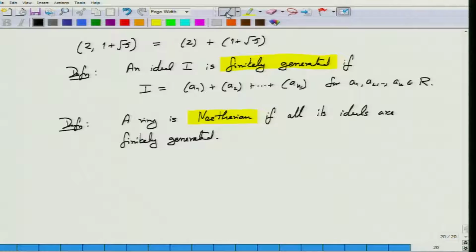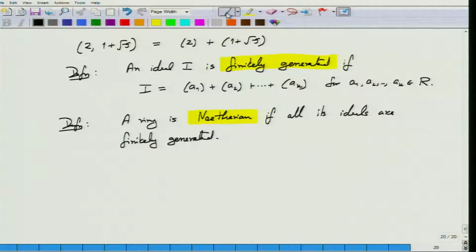Now, the name Noetherian is, as is often the case, named after the mathematician who first studied these kinds of rings. The unique part of this name is that it's a woman, Emmy Noether. She was one of the earliest women mathematicians known, at least probably amongst the prominent mathematicians, she was probably the earliest woman mathematician.